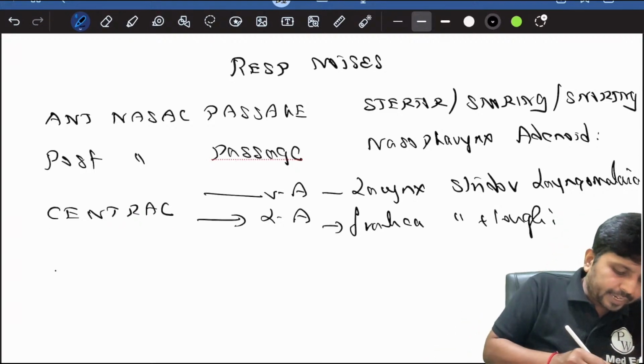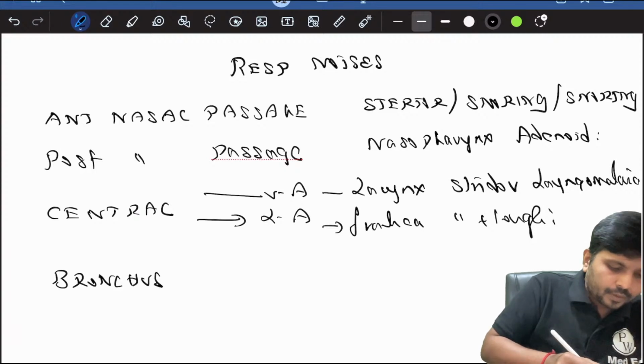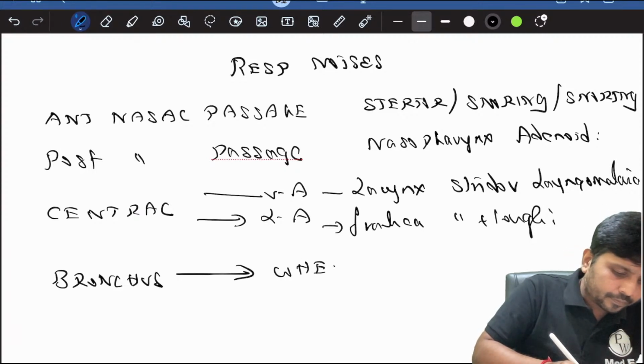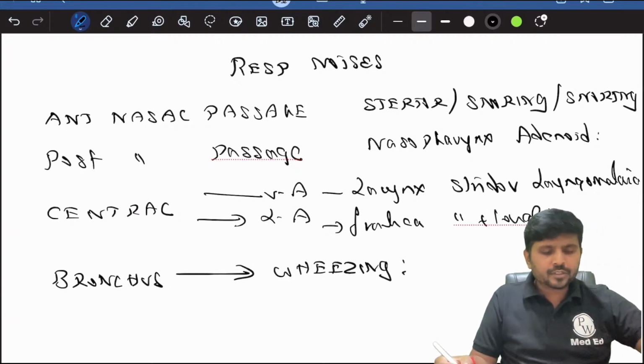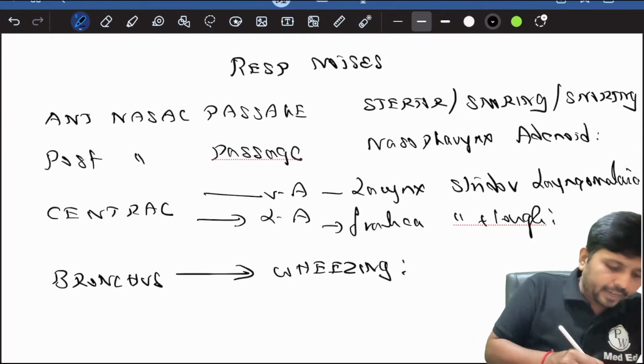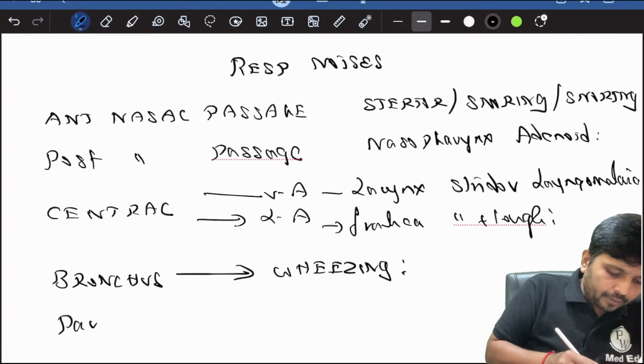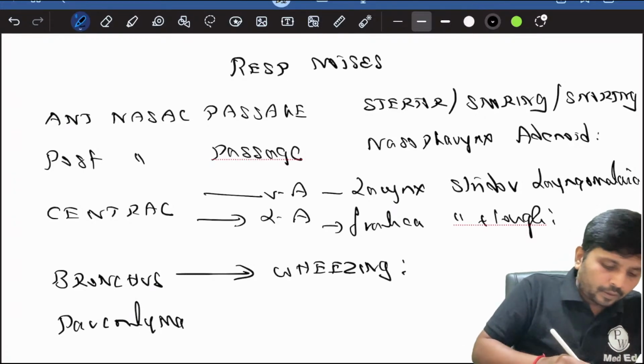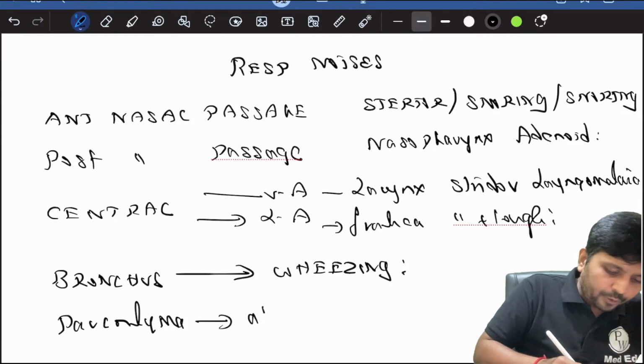Then you have bronchus. The sound produced is wheezing. And finally, your parenchyma, which includes alveoli, and the sound produced is grunting.